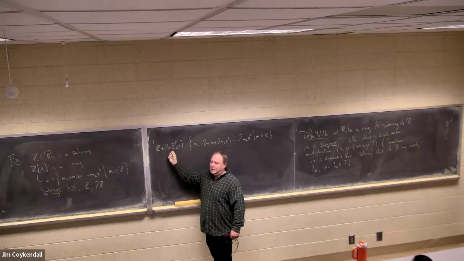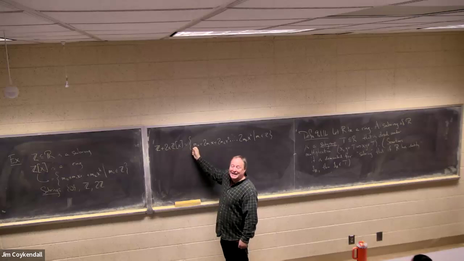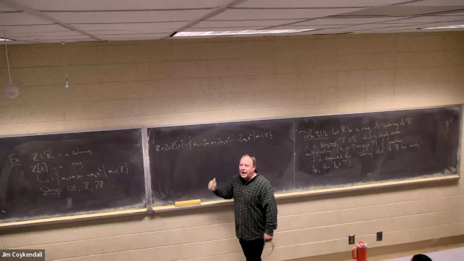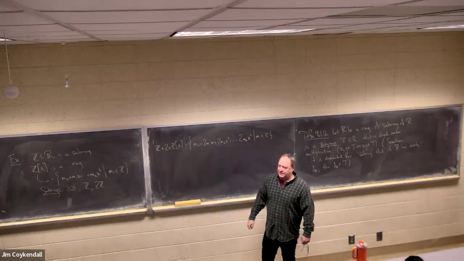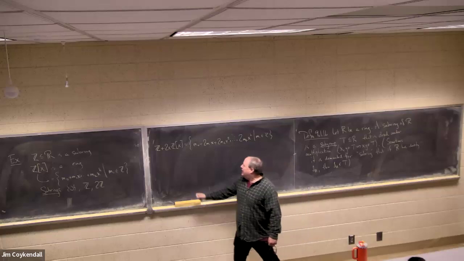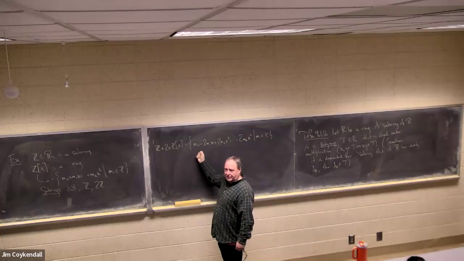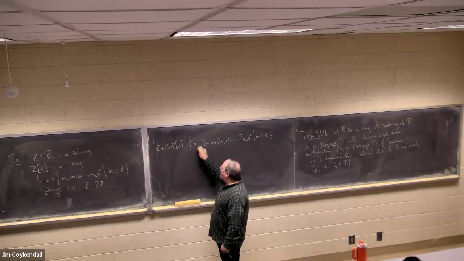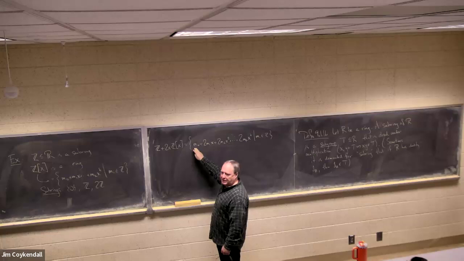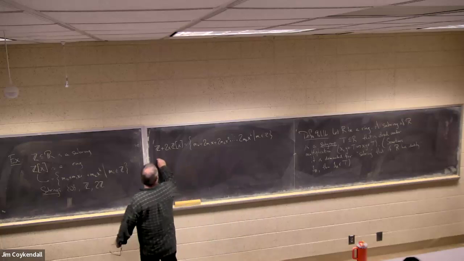Here, these are all polynomials whose constant term can be any integer, but all the higher degree coefficients have to be even. It's easy to check that when you add two things in this form, it's still this form, and when you multiply two things in this form, it's still this form. So all the coefficients are even except that the constant term can be either odd or even. That's another one. How about this one?